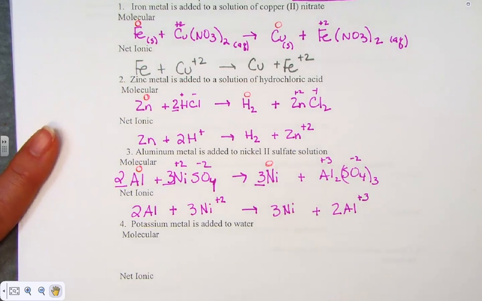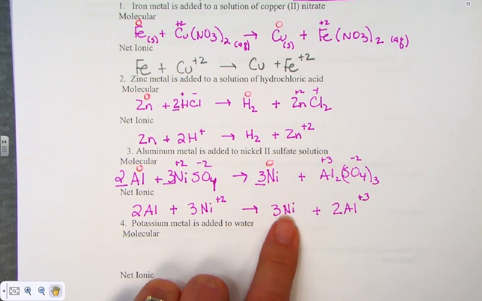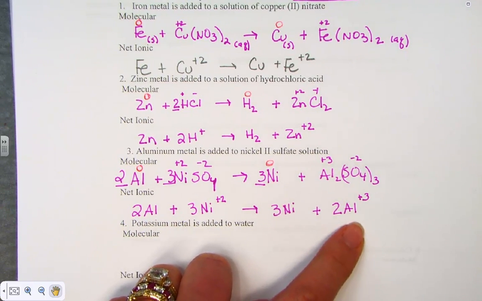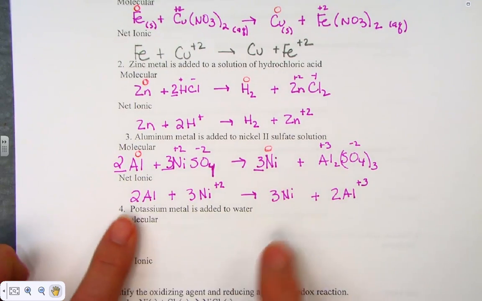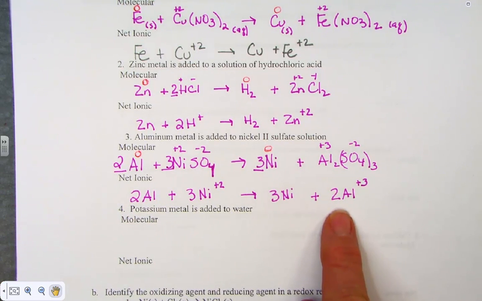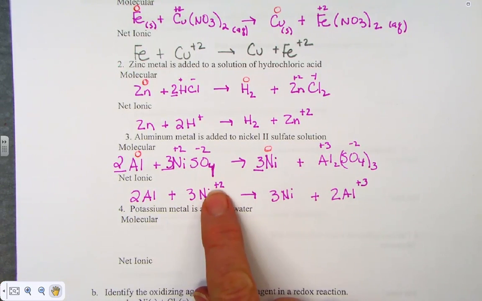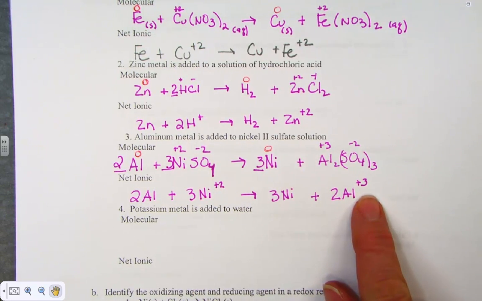Those are aqueous ions. Solid aluminum, aqueous ion. Solid nickel, aqueous ion. Ions are charged in water. Not only are we balanced by the number of atoms, we've balanced by the charge as well. 3 units of a +2 electrically balance 2 units of a +3.